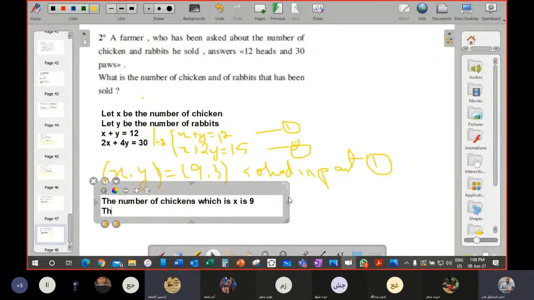And the number of rabbits, which is y, equals 3. So the farmer sold 9 chickens and 3 rabbits. Okay.